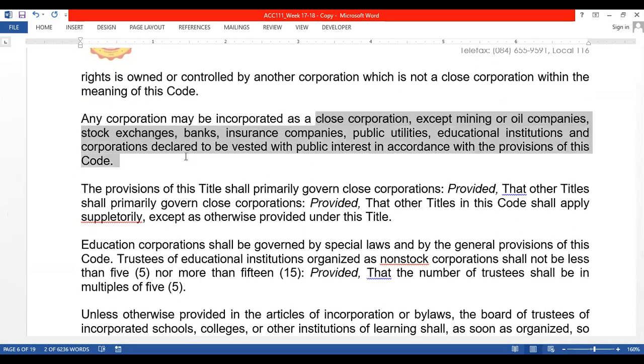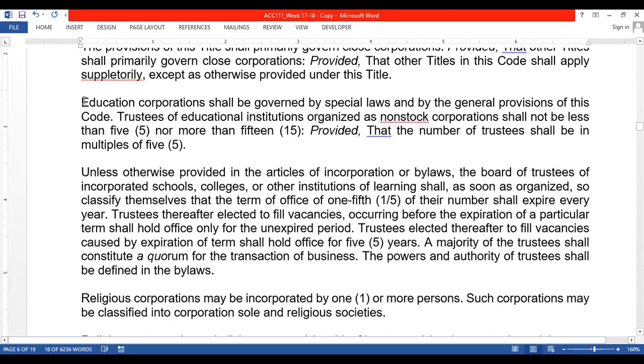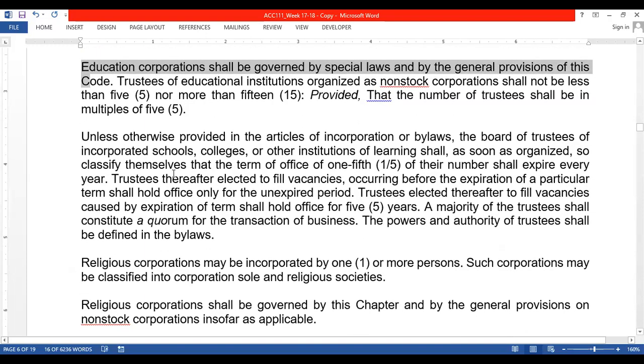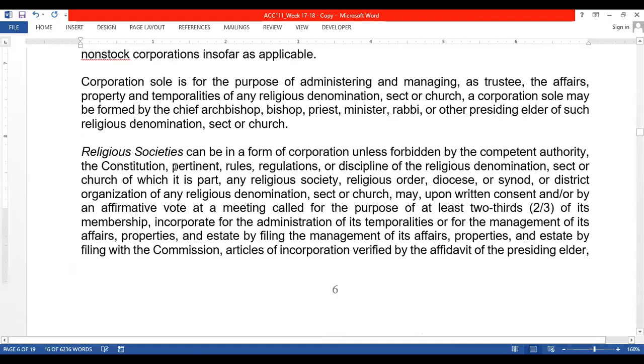So bawal lang po specific, like for example, specific lang po family, so bawal po yung mining, oil, stock exchange, banks, insurance. And educational corporation shall be governed by special laws and the general provisions of this code. So we will not discuss this one specifically.